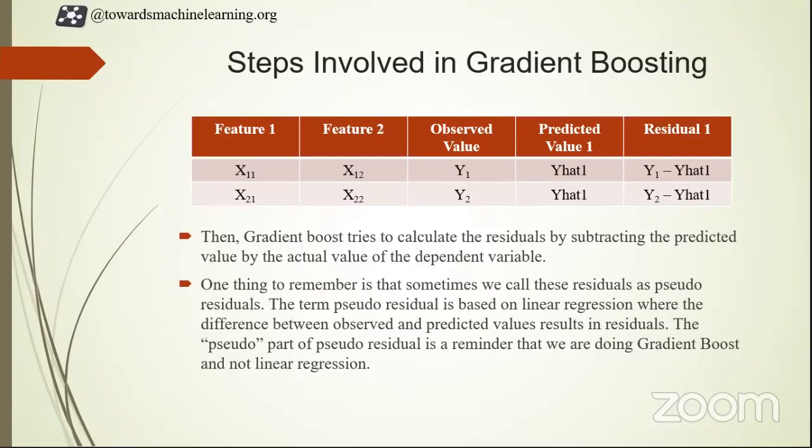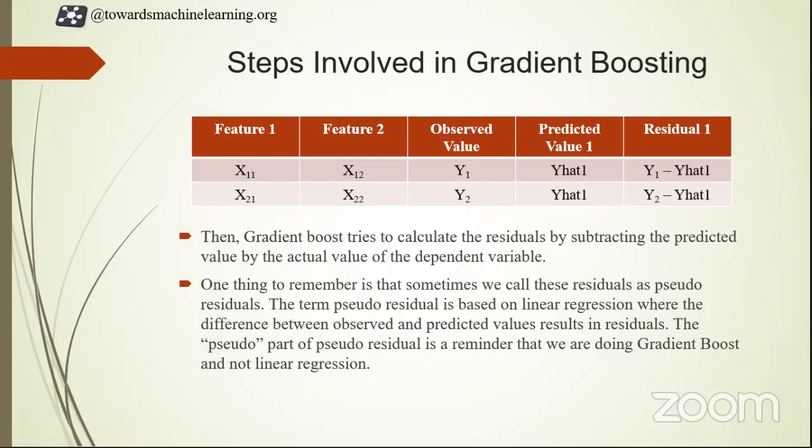Now, gradient boost tries to compute the residuals. How do we compute the residuals? We just have to subtract the predicted value from the observed value. Say we have observed value y1 and the predicted value is y hat 1. While computing the residuals, you do y1 minus y hat 1 and you will get your first residual.